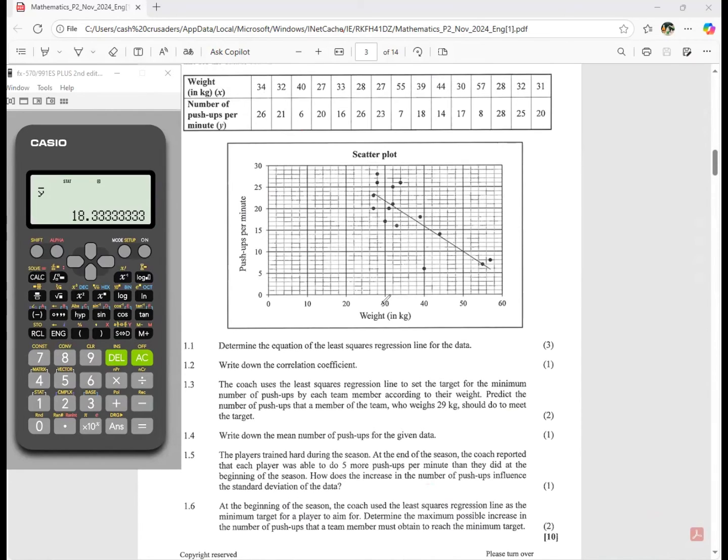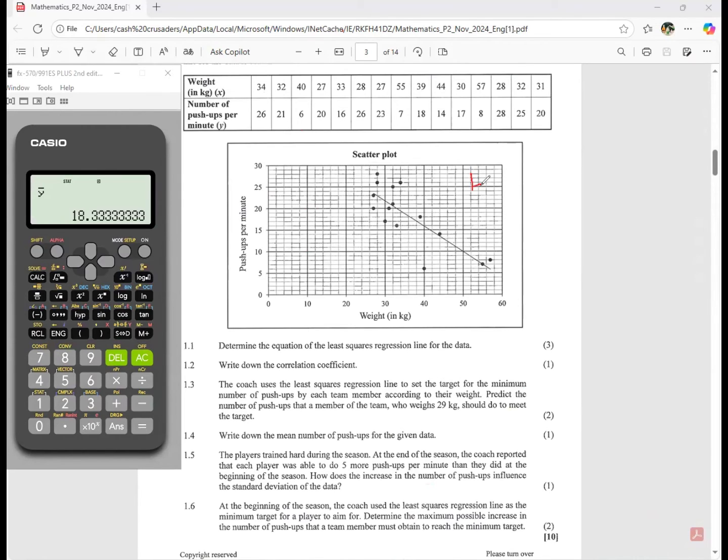Right. Now, we know that the standard deviation does not get affected by simply increasing those, because what you are doing here is adding 5 push-ups to everyone. If you're adding 5 push-ups to everyone, the standard deviation will still remain the same, because you'd have added the same number throughout, right?